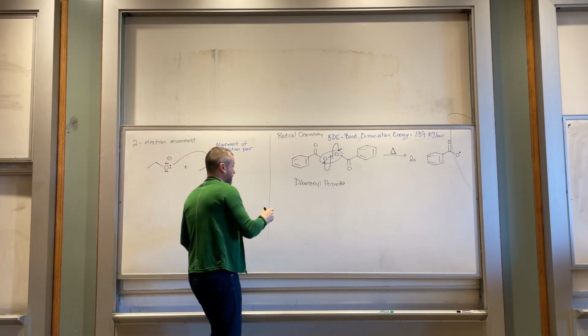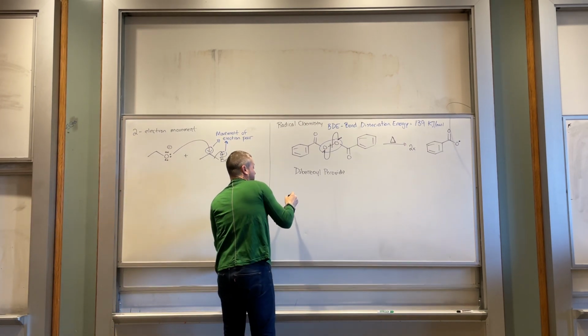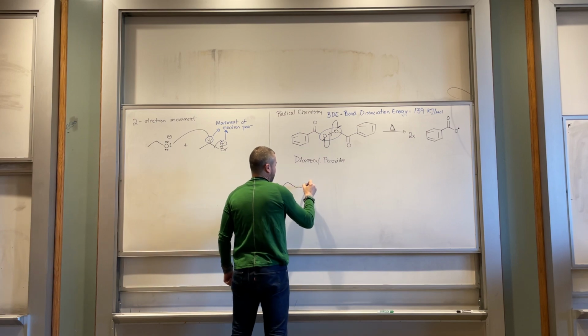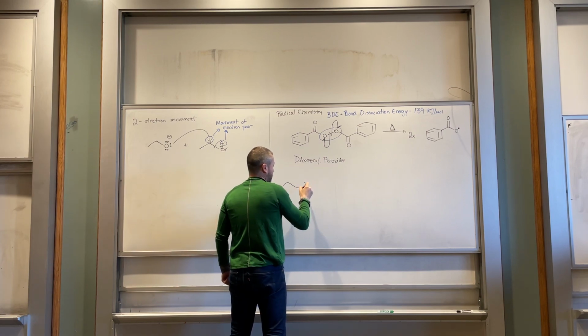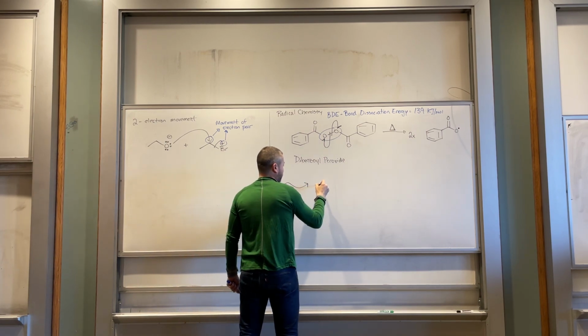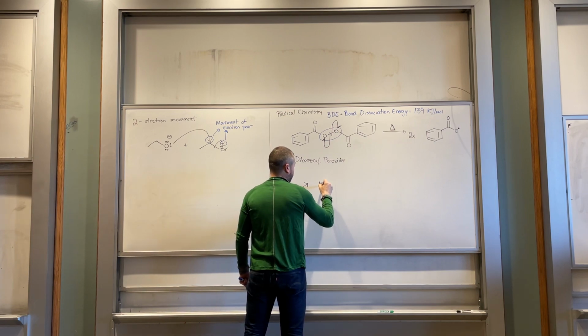And so what this means is that whenever we draw mechanism arrows, I think we went over this just a little bit last semester, right? A double-headed arrow indicates movement of two electrons.